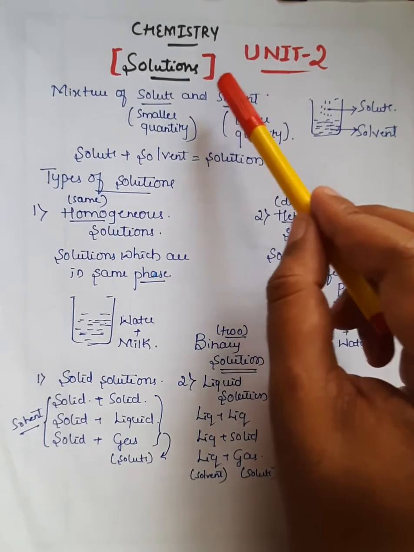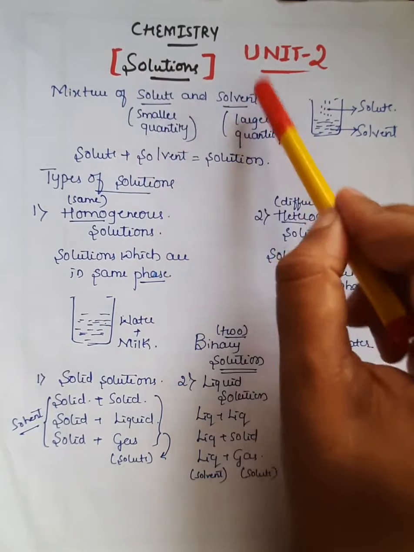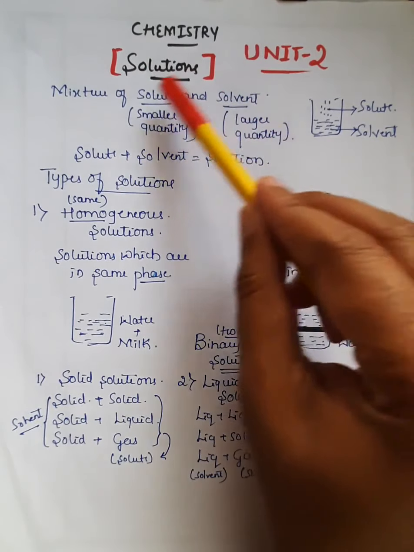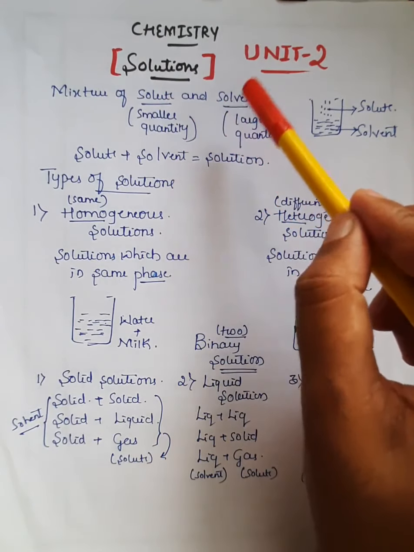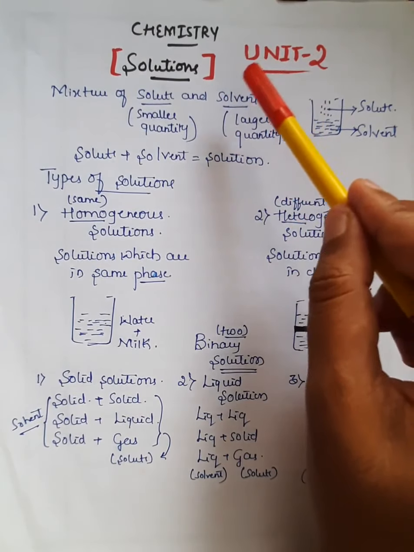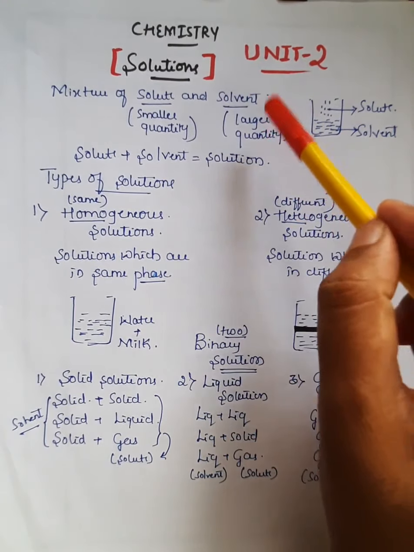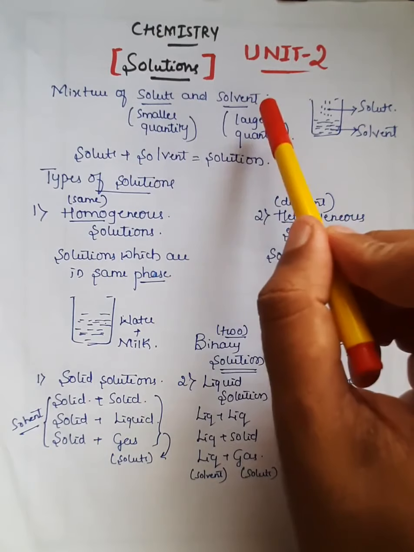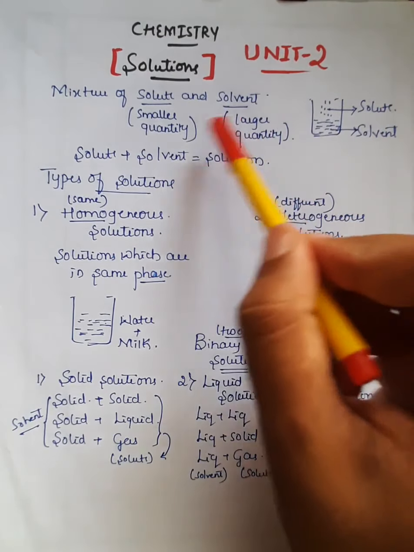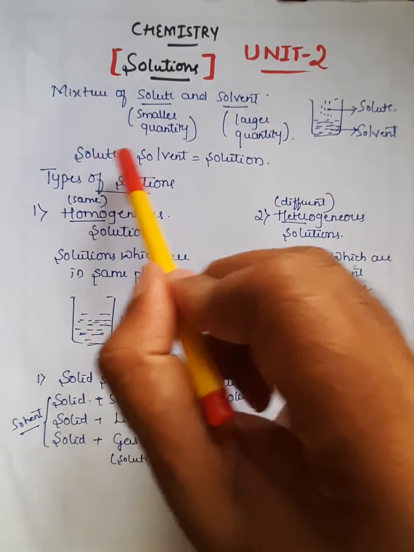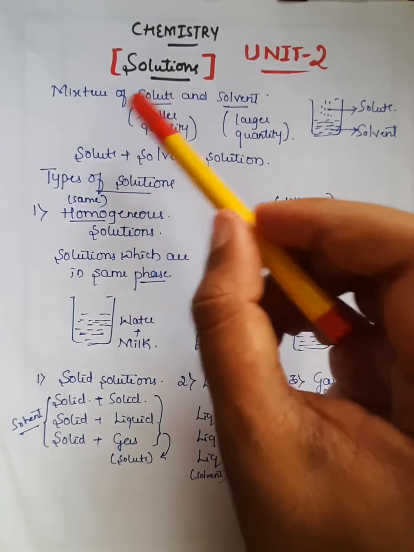Therefore solute will be at a very low concentration compared to the solvent, and the solvent has the larger quantity. Whenever solute and solvent mix, they convert into a solution. Therefore a solution is nothing but a mixture of solute plus solvent. So we can define it like that.